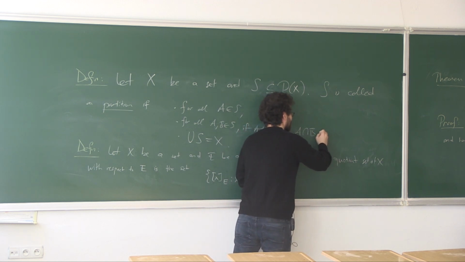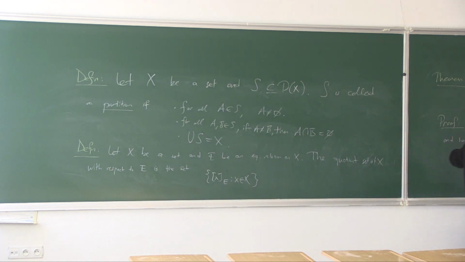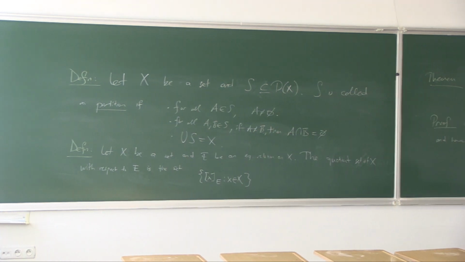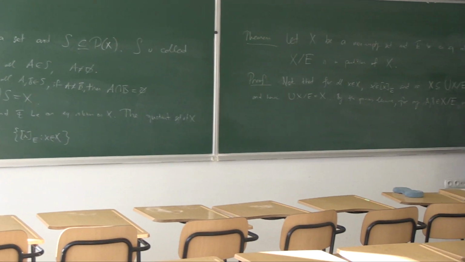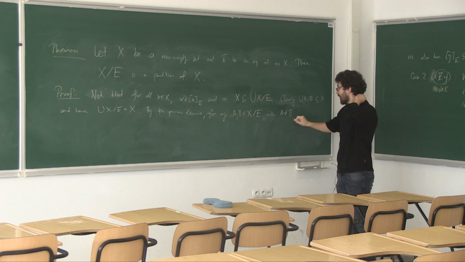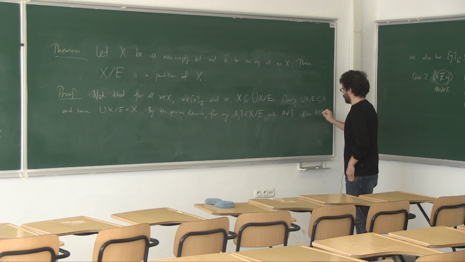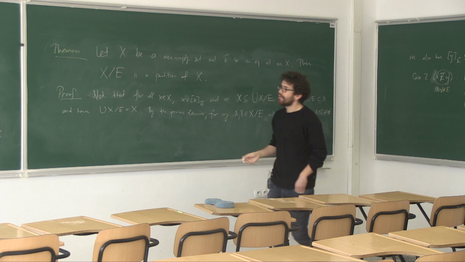So, by the previous lemma, if you pick two equivalence classes which are not the same, we have that they're disjoint. So the second property is satisfied.